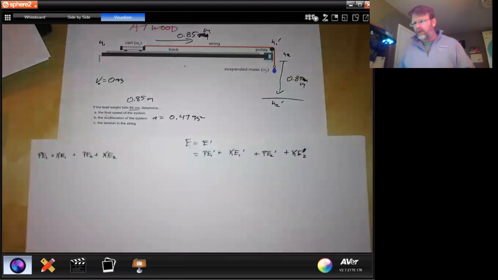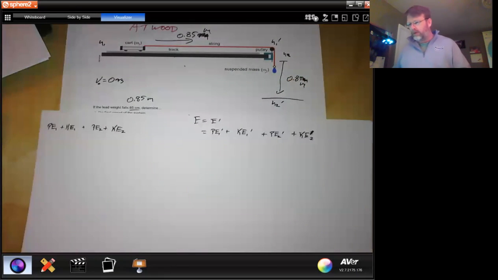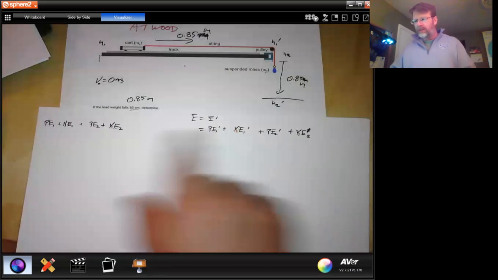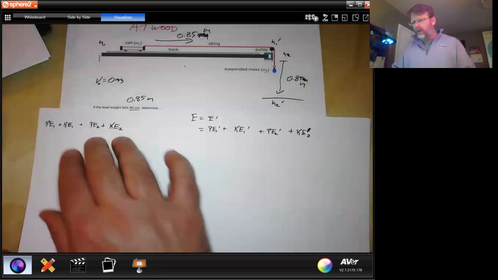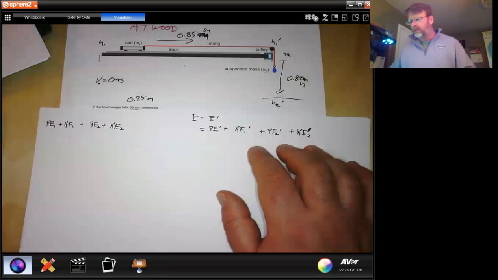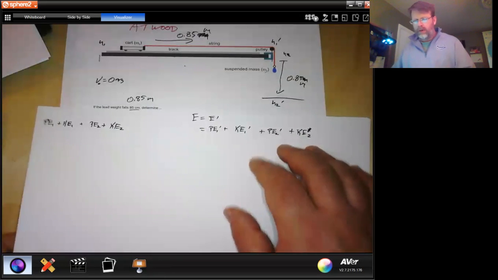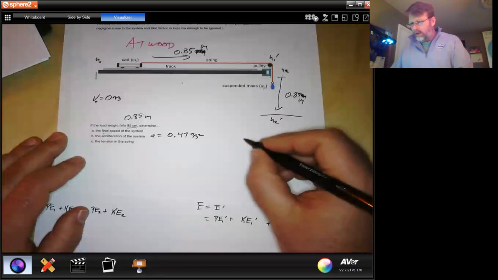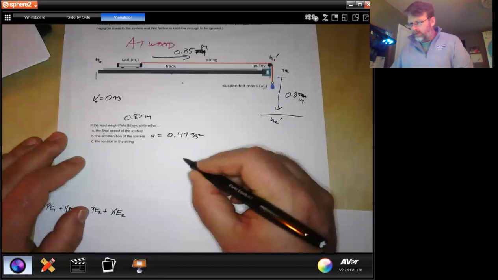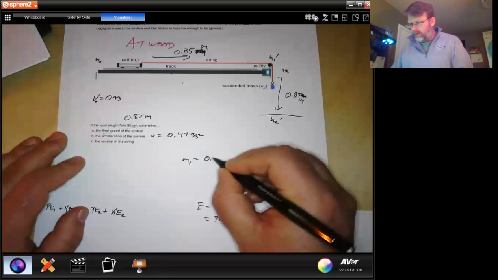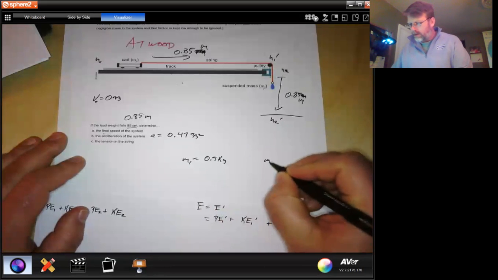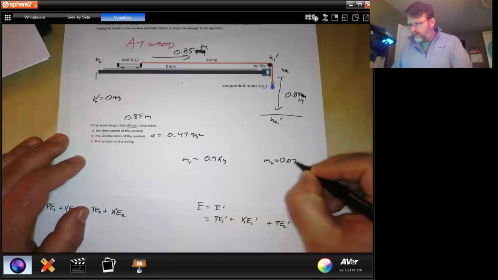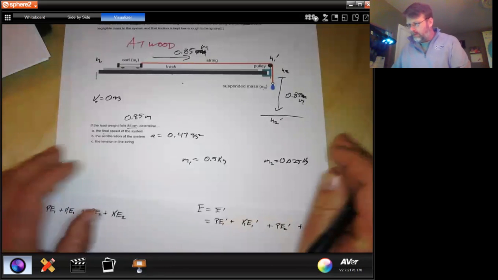We kind of already see a few of the answers popping up from my previous work, but the process is going to be the same. We're going to take all the original conditions and all the final conditions and plug them in here. Okay, so let's try to pull everything together as neatly as we can. So we have M1 was 0.5 kilograms, M2 was 0.025 kilograms.